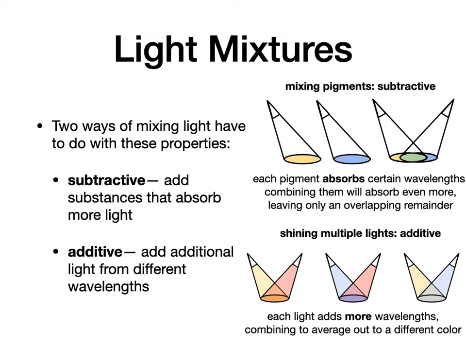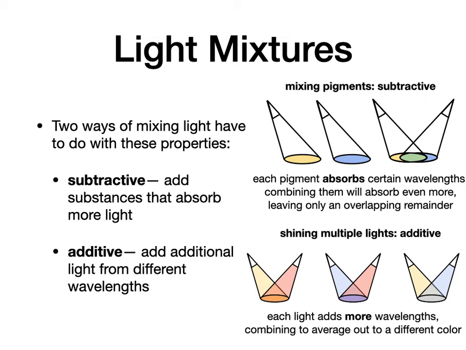So if I mix the yellow paint and the blue paint, then each of those pigments is going to absorb its own field of wavelengths. So the yellow is going to absorb most things that aren't yellow, blue is going to absorb most things that aren't blue, and they're each going to absorb each other's until we are left with green, right? So that's how mixing paints works. You are taking away by absorbing more of what's happening.